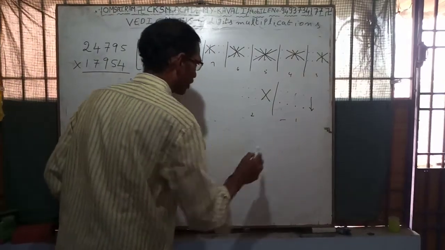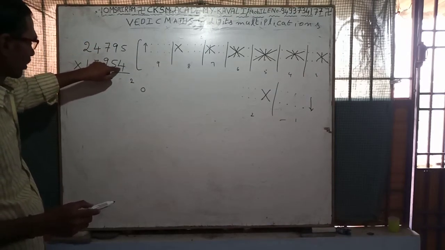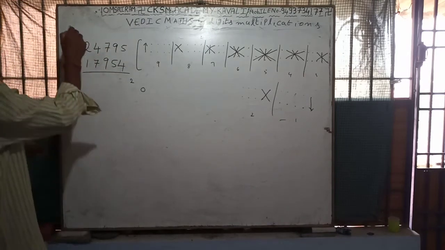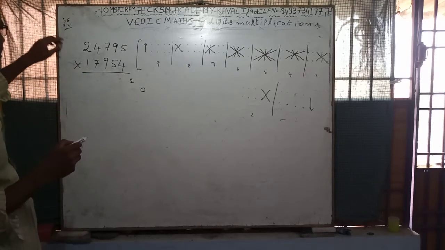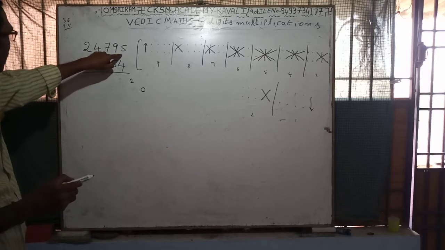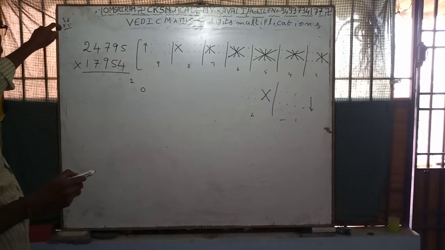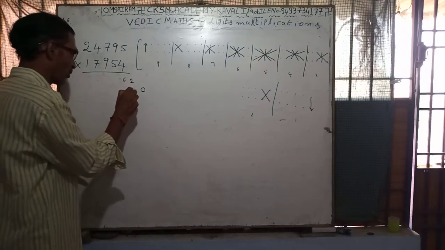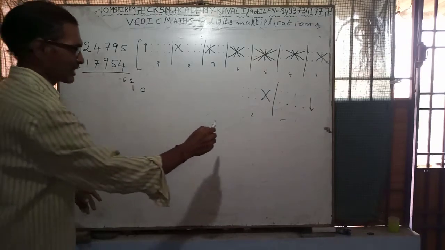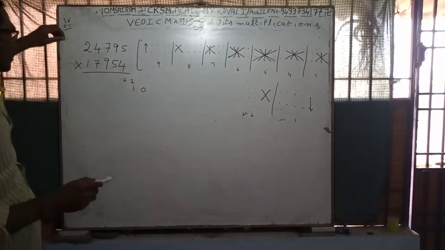Next we do the second step. 9 4s are 36. 5 5s are 25. 36 plus 25 is equal to 61. 6 here we write, 1 here. So the second step is over.